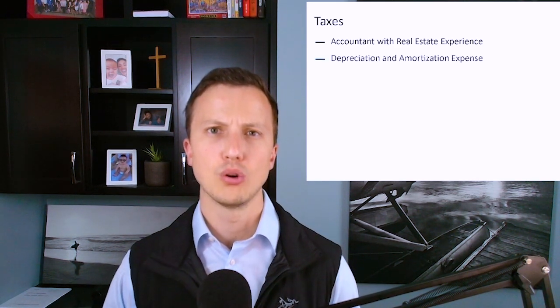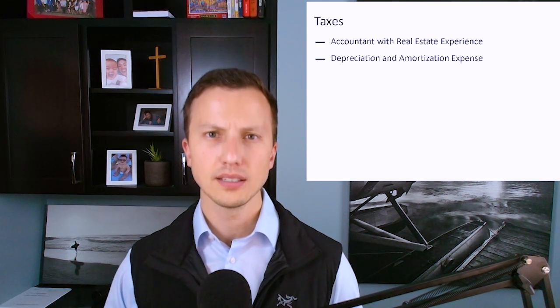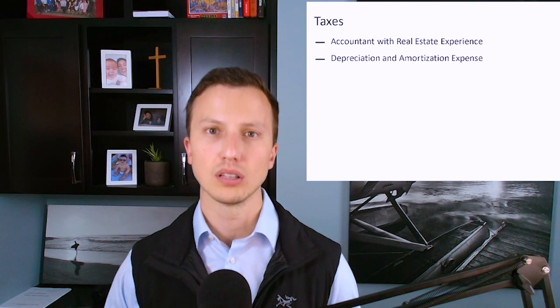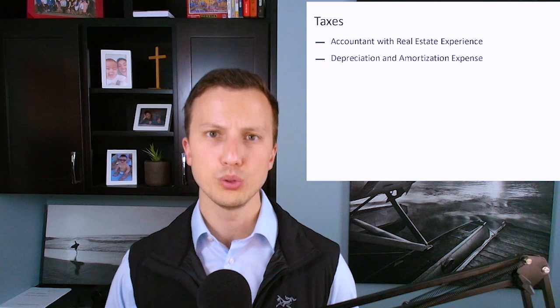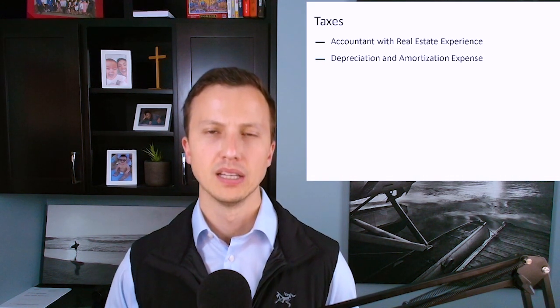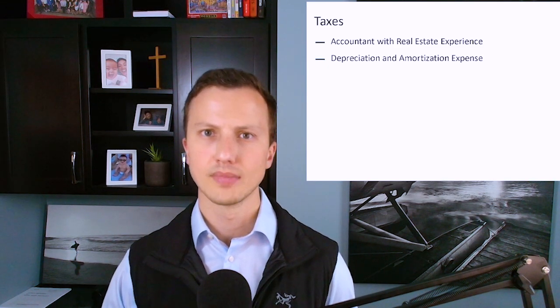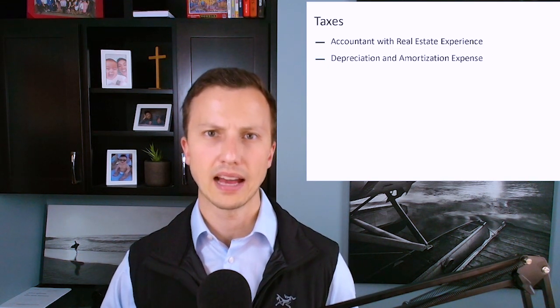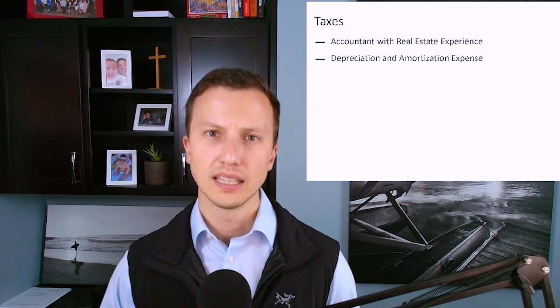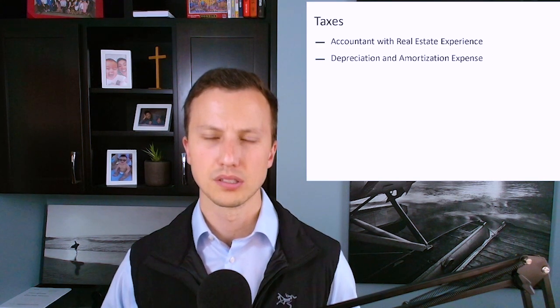The main piece of the puzzle is known as depreciation and amortization. These are non-cash expenses that you are allowed to take to reduce the taxable income that comes off of your property. Now, the general idea with depreciation is a structure can only actually survive over a certain amount of time, so the value gets reduced by the upkeep costs.